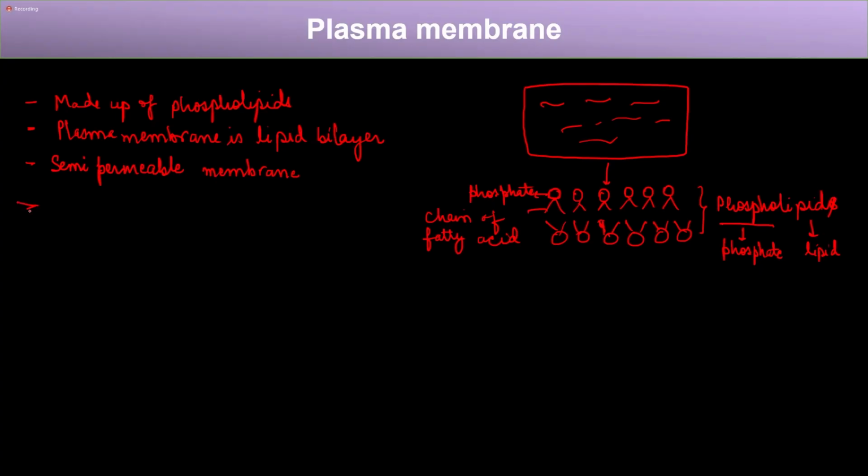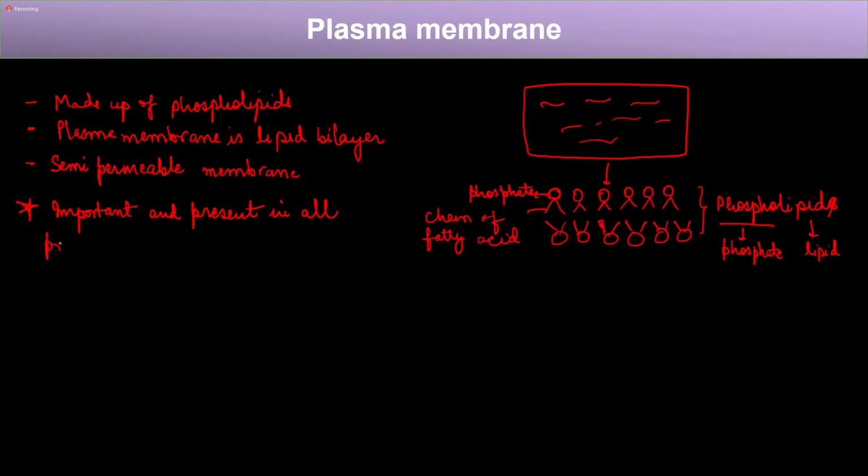One of the most important things that we should write here is that the plasma membrane is present in both prokaryotes and eukaryotes. We also studied in brief what a eukaryotic cell is. So the plasma membrane is important and present in all prokaryotes and eukaryotes.